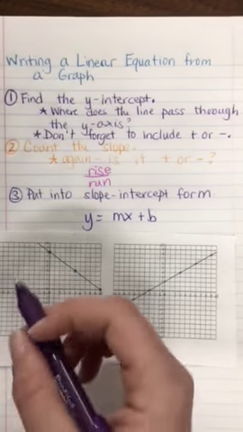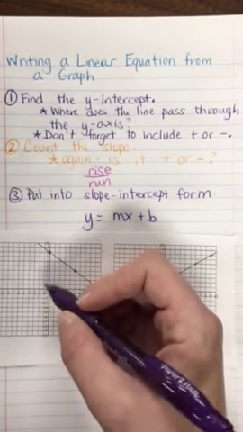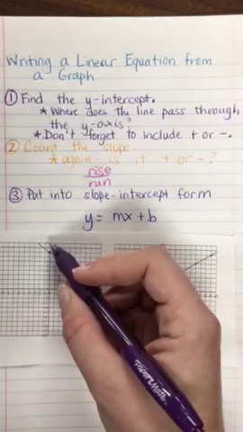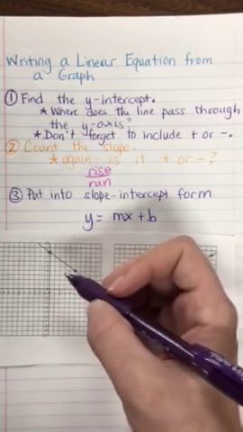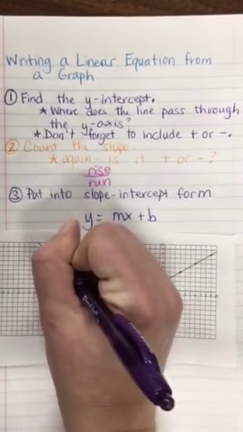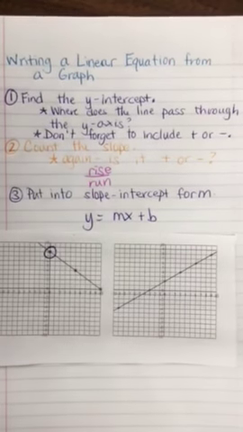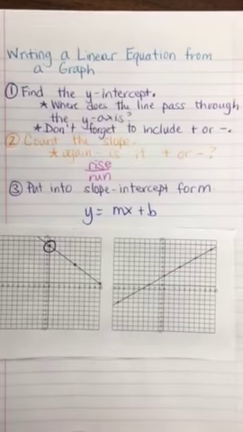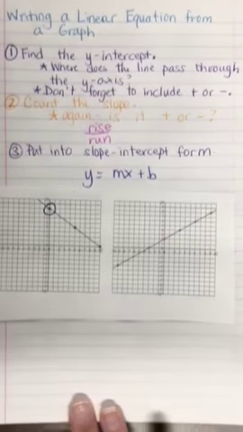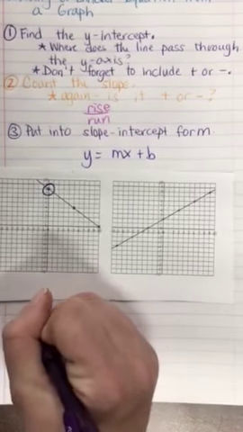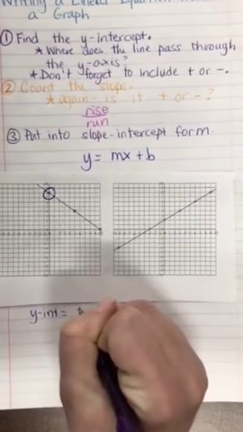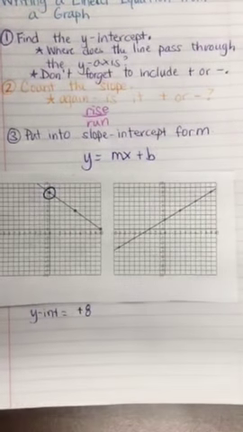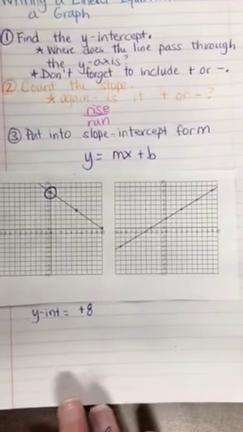So if we look at this line, our y-axis is our vertical line down the center, and we can see that there's a point where our line passes through the y-axis. So I'm going to circle it so I don't forget. And that point is at positive 8. So below my graph, I'm going to write that my y-intercept, and I'm going to include that it's positive so I don't forget when I have to plug it into my equation.